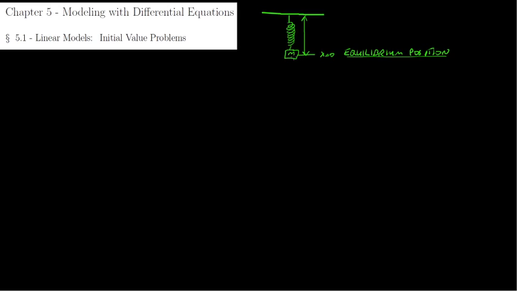And the convention here is that if we pull the mass downward, if we stretch it by some distance, let's call it x, we bring the mass down here, so we're going to call that distance x, and that's going to be positive, right? If we push the mass upward, up here, let's say, then this will be negative.